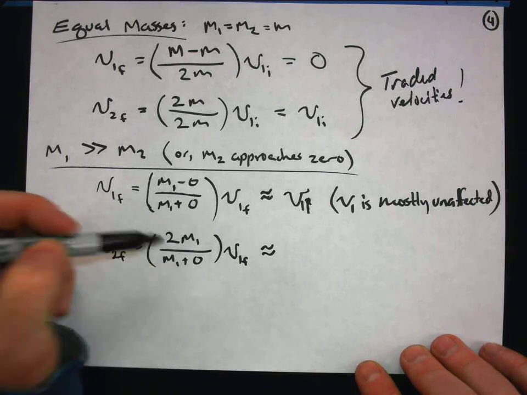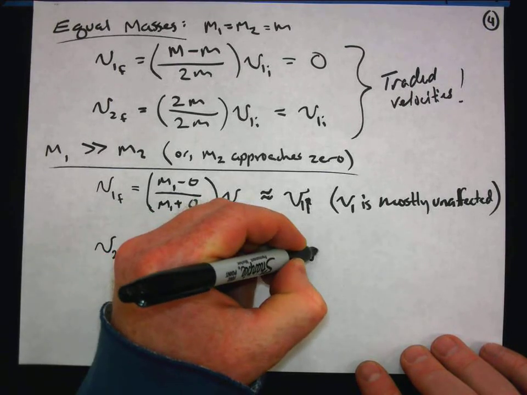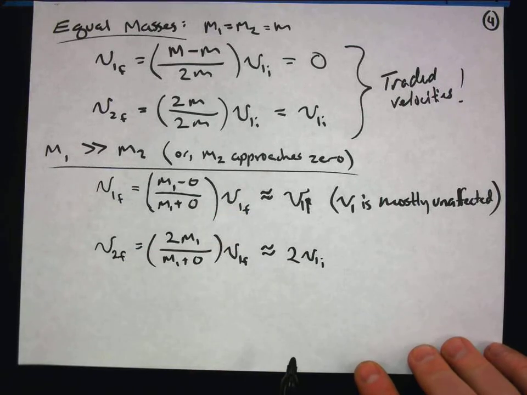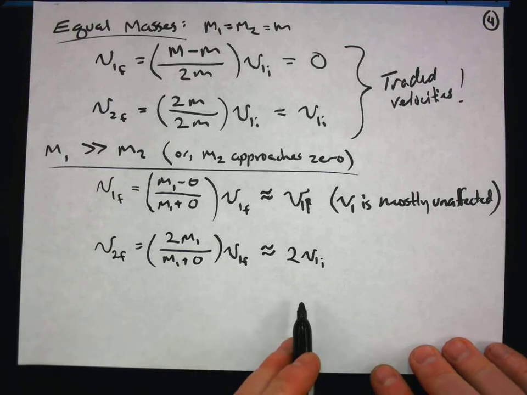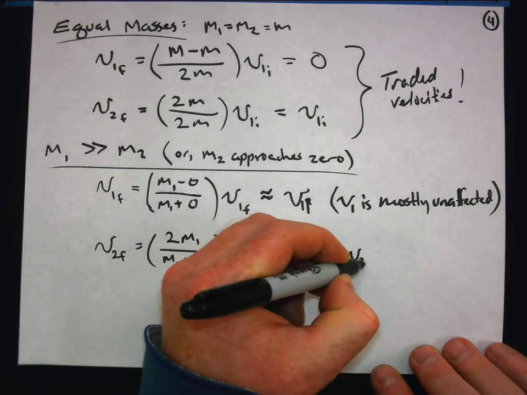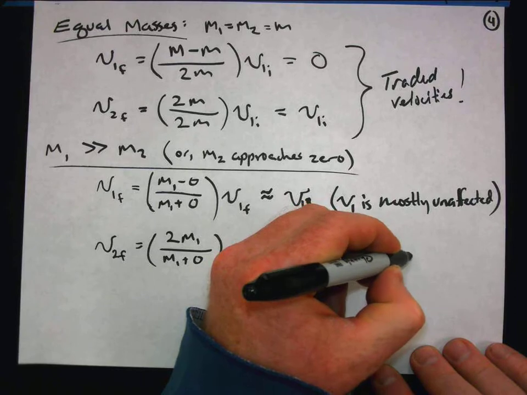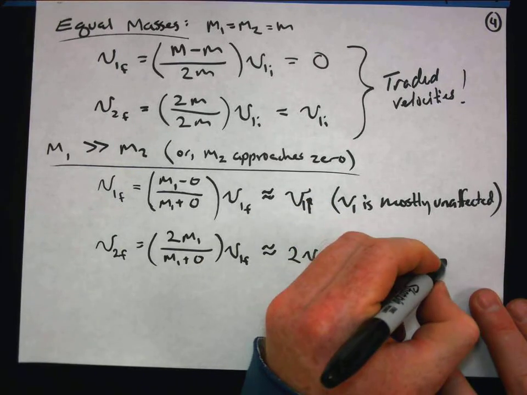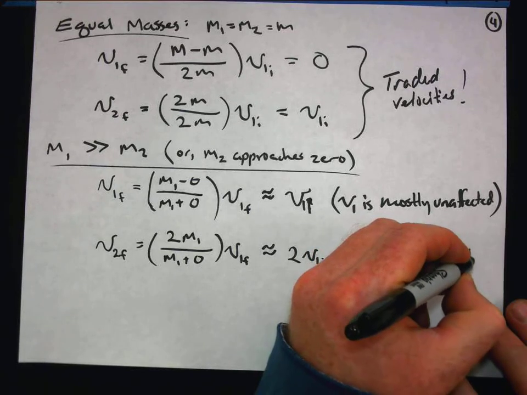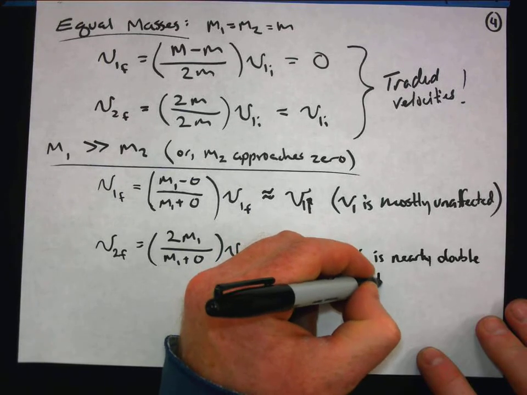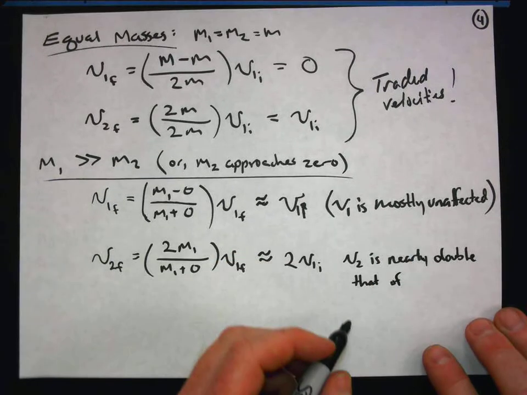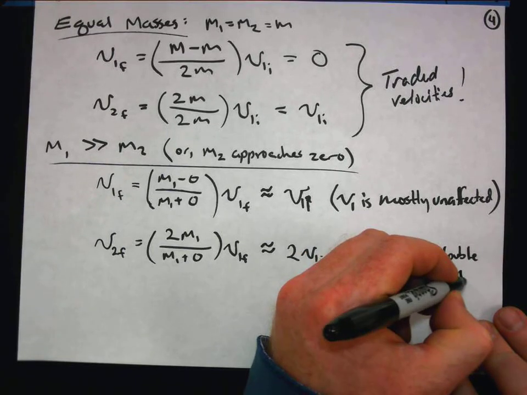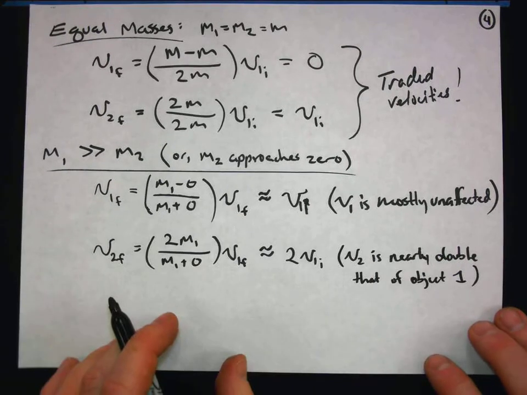So 2 times the initial velocity of object 1. So what's another way of looking at this? The velocity of object 2 is nearly doubled. Or not doubled, double that of object 1. Nearly double that of, here we go, object 1.